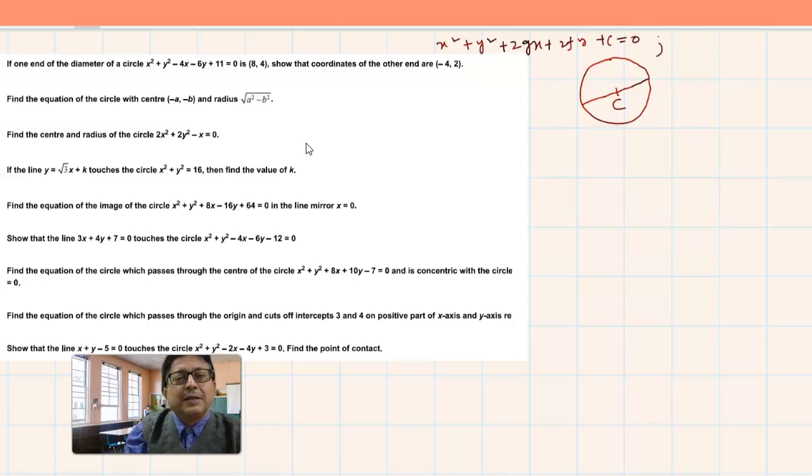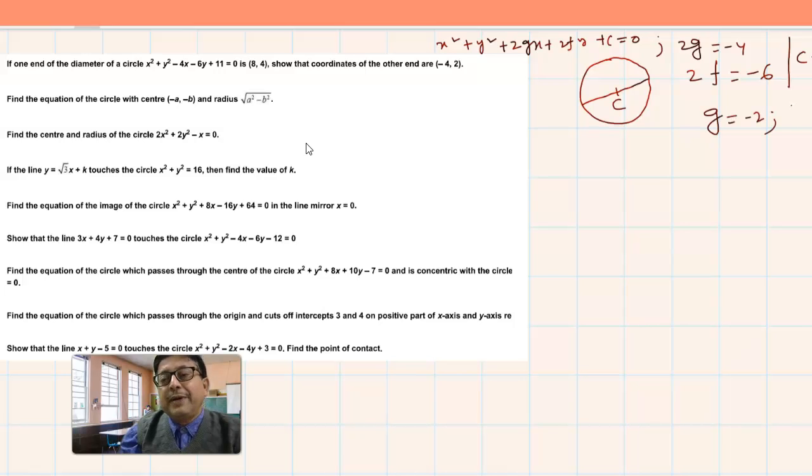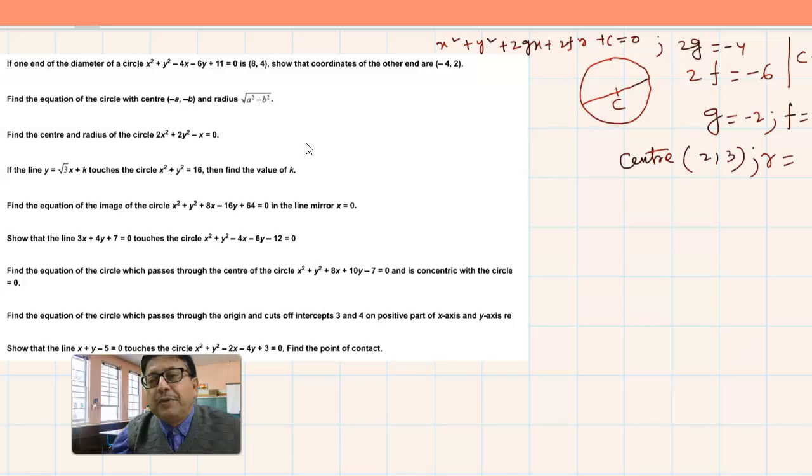You get 2g equal to minus 4 and 2f equal to minus 6 and c equal to 11. So g is minus 2, f is minus 3 and c equal to 11. So the center is going to be what? The center is (minus g, minus f). The radius is going to be what?